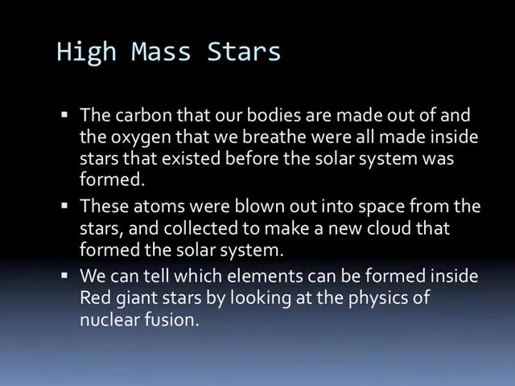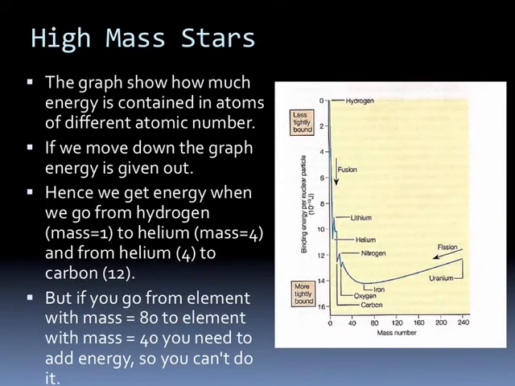of nuclear fusion. Now this graph shows how much energy is contained in atoms of different atomic numbers. If we move down the graph, energy is given out. So therefore, we get energy when we go from hydrogen to helium, and from helium down to carbon, and all the other elements.